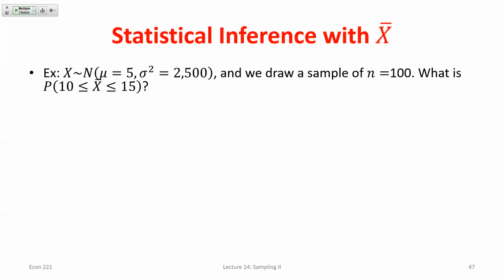So let's say, it doesn't really have much of a context, but just actually working through one with some numerical values. So I've got this normally distributed variable. It's got a mean of 5. So I'm starting out, I'm sampling from this original variable, and I know it has a mean of 5 and a variance of 2,500.